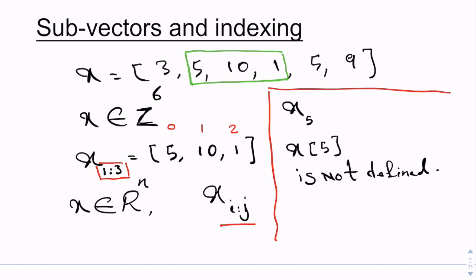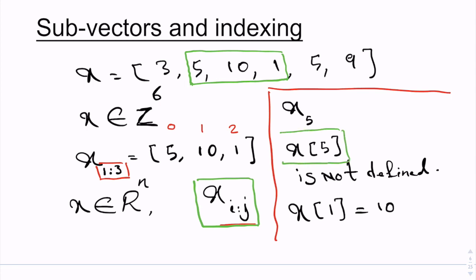Why? Because this vector belongs to R3. Okay, but if you want to have x1 is 10, right? So we are using this notation for extracting subvectors, and we are using this notation to extract the ith elements.